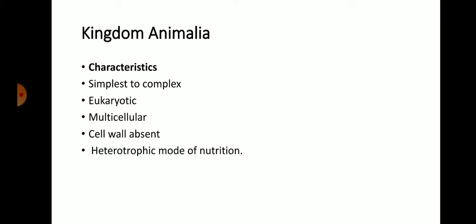Basically, kingdom Animalia animals may be parasitic, heterotrophic, or saprophytic. We can say that they gain their nutrition from other sources. They are unable to prepare their own food material. So they are heterotrophic in their mode of nutrition. These are the basic characteristics of kingdom Animalia.